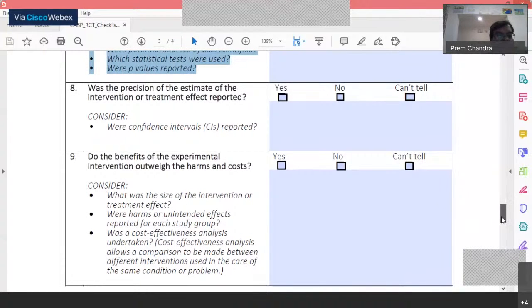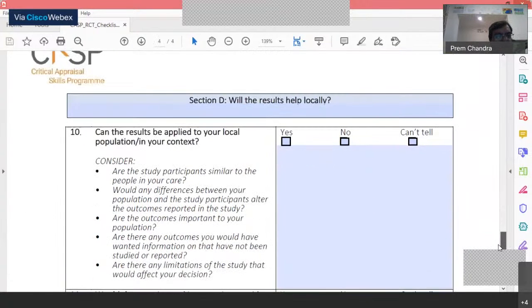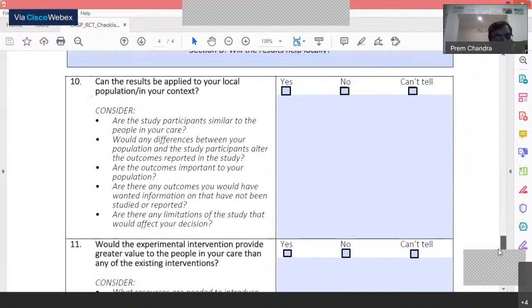Item number 9 is all about: do the benefits of the experimental intervention outweigh the harms and costs? This is called the risk-benefit ratio that we must ensure when we do a critical appraisal. Number 10 is about whether the results can be applied to your local population. You have to look at the validity of the results in context with application in the local population.